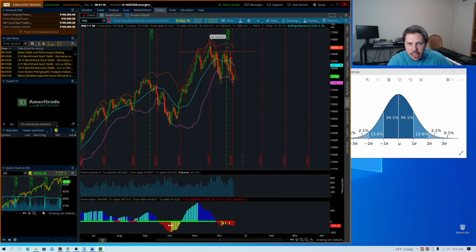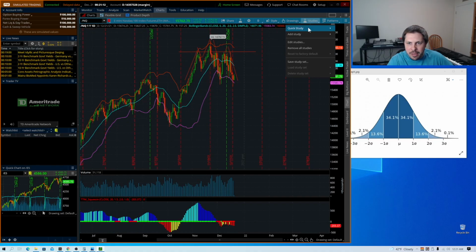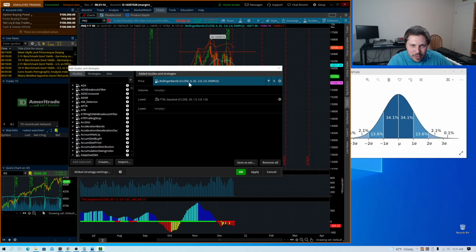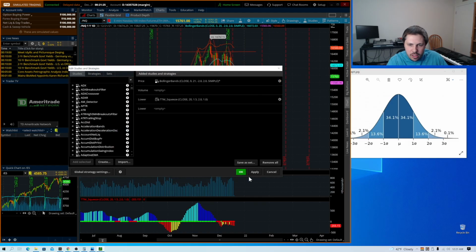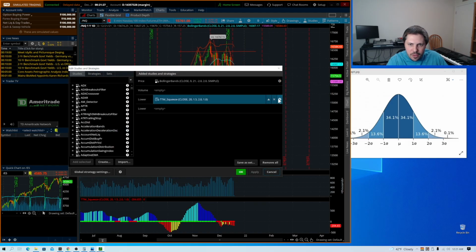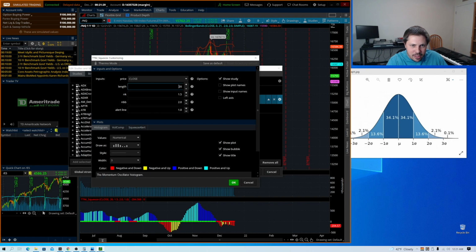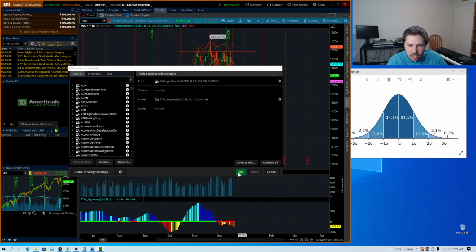So again, if we come into these studies and look at these Bollinger Bands, the length of the period for calculating this Bollinger Band is 20 periods, right? Maybe we'll make that 21, right? On this TTM squeeze, same thing. The length we'll make it 21, right?